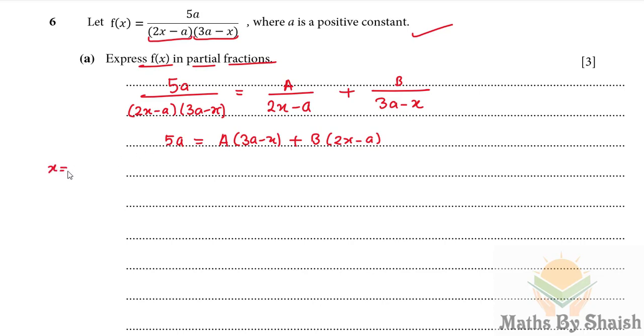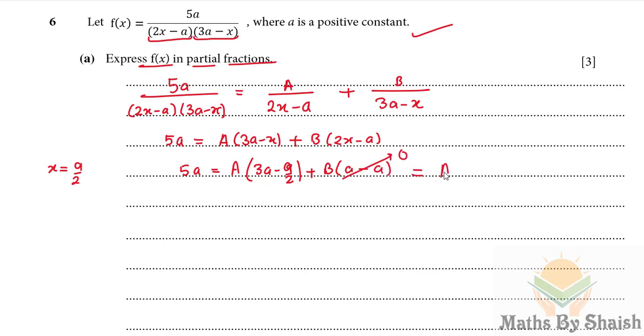First, let's replace x by a by 2. Why? Because when we put a by 2 here, this term would vanish, so we can calculate A easily. So it becomes 5a equals A times (3a minus a by 2), plus B times (2 into a by 2 is a, minus a), so it is gone, 0.